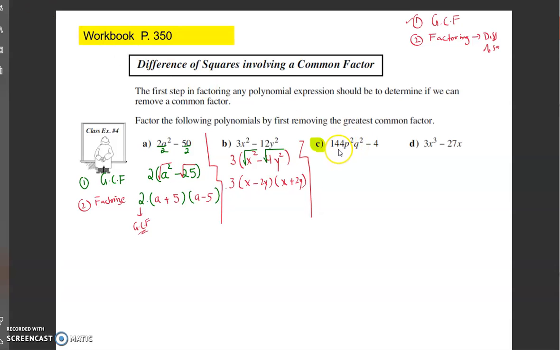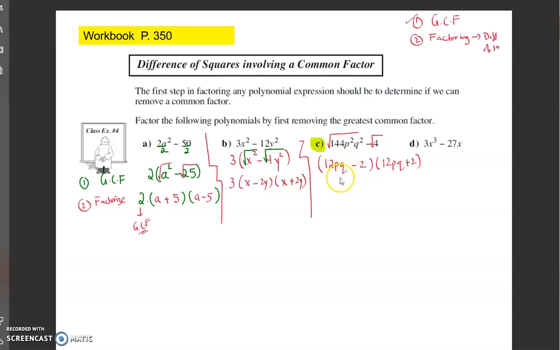What if you skip the GCF because you think, I can do my difference of squares? If you do that, you will get 12pq minus 2 and plus 2. So you were able to do difference of squares, but you'll notice that each of these factors can be factorized even more.